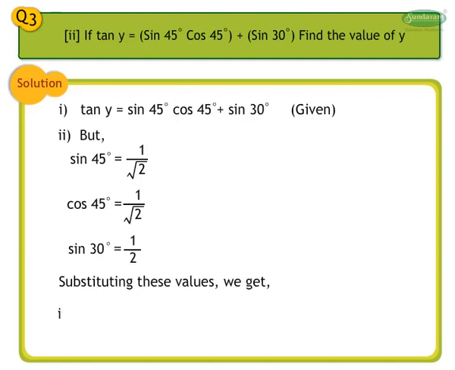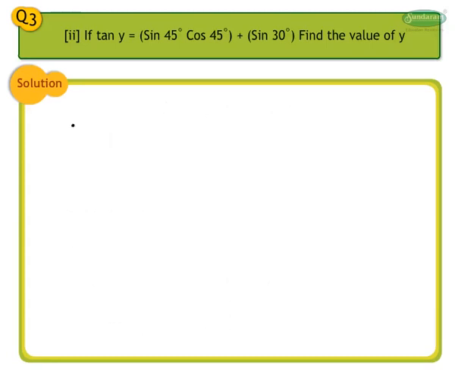Tan y is equal to 1 upon root 2 into 1 upon root 2 plus 1 upon 2. Therefore, tan y is equal to 1 upon root 2 the whole square plus 1 upon 2. Therefore, tan y is equal to 1 upon 2 plus 1 upon 2.